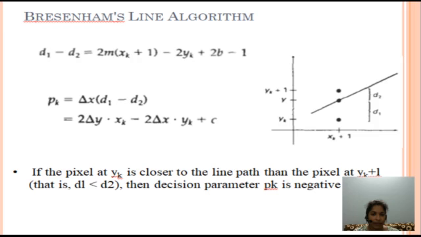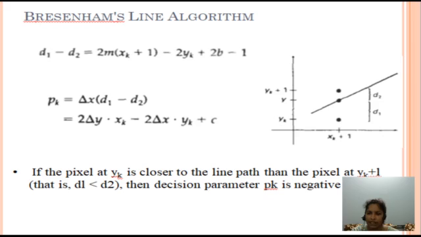Again, I told you in this figure, we are finding d1 and d2. Whichever is closer to the line path, that point we will take. If this distance is smaller, that is d1 is smaller, then yk is closer to the line path. If this distance is smaller, that is d2 is smaller, then yk+1 is closer to the line path.